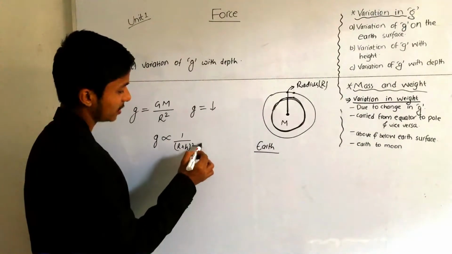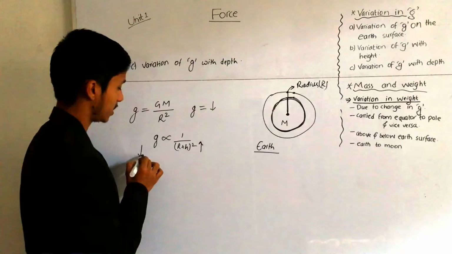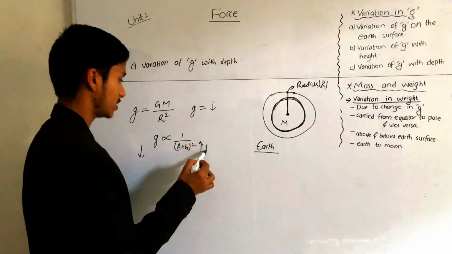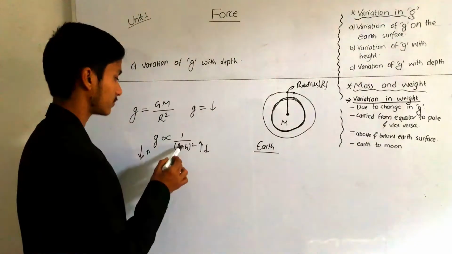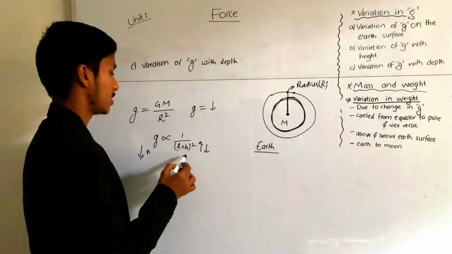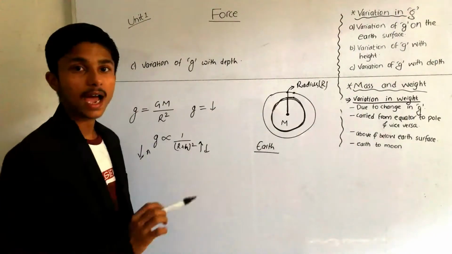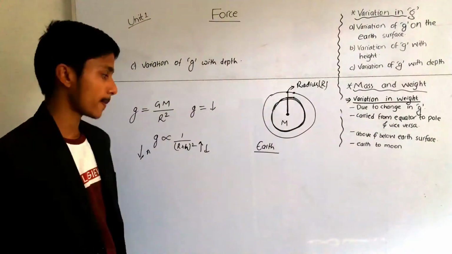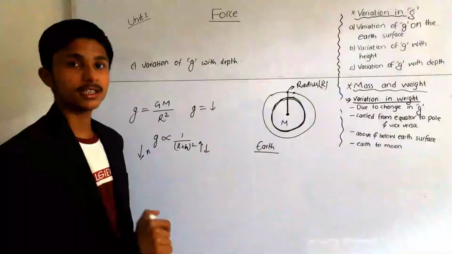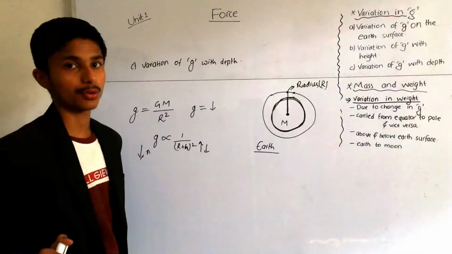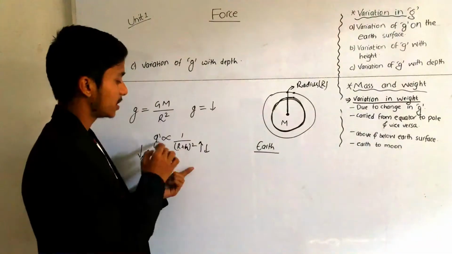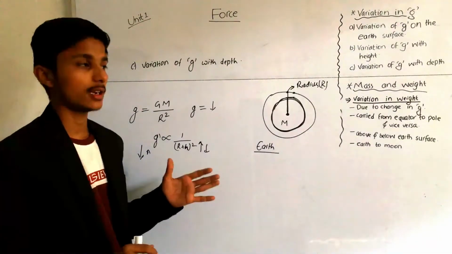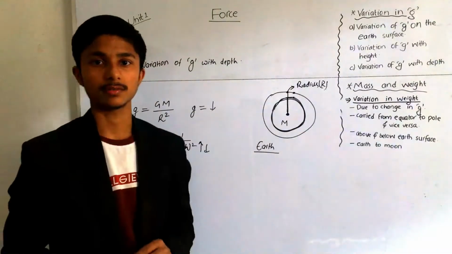When height increases, the value of g decreases, and when height decreases, the value of acceleration due to gravity increases. It means that at the Terai region, the height is less, and at the mountain region, the height is more. Therefore, acceleration due to gravity decreases at Mount Everest and increases at the Terai region.